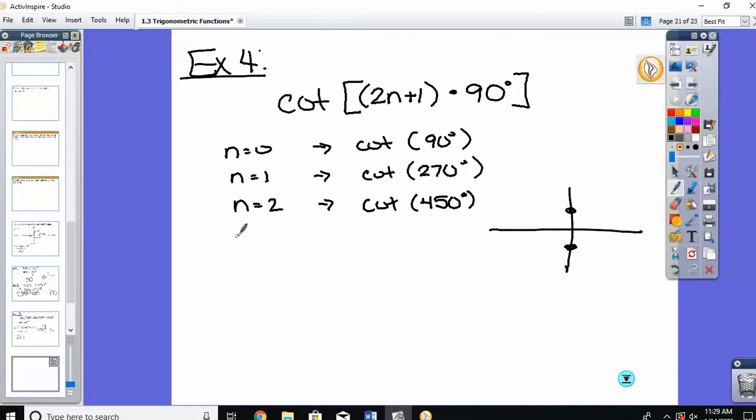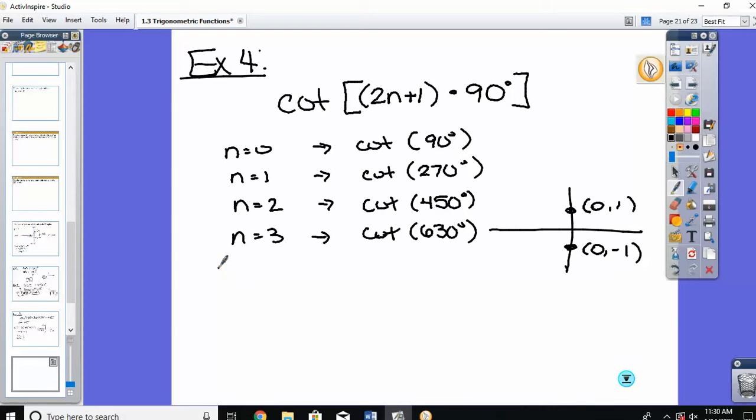If I did n equals 3, that's 7 times 90, so 630, which is the same as what? 270. So even though I gave you this expression, we're seeing that the only place it's actually hitting is at 90 or 270. Okay? At 90, we know our point is x would be 0, y would be 1. At 270, it's 0, negative 1.